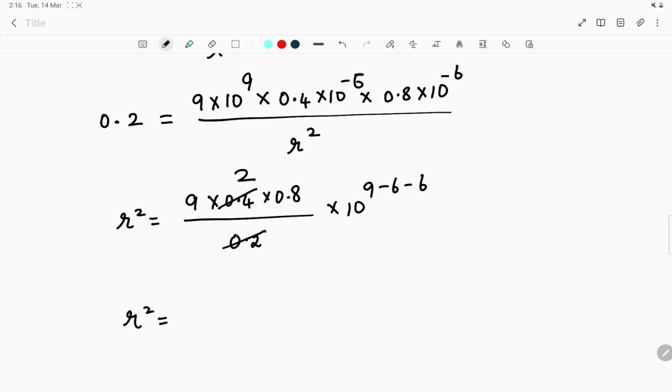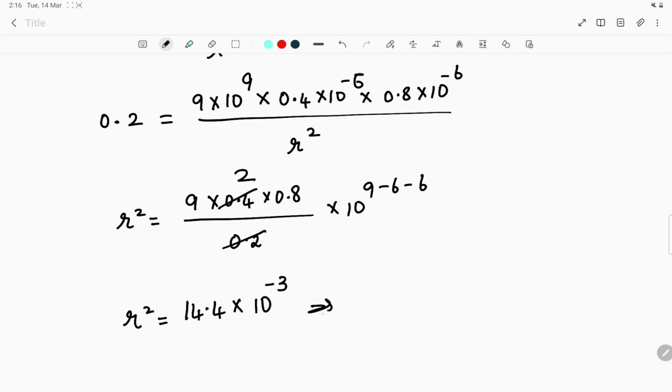We will get 2, 2 into 0.8 is 1.6, into 9 will be 14.4 multiplied by 10 to the power of 9 minus 6 minus 6. How much will that be? That is equal to minus 3.